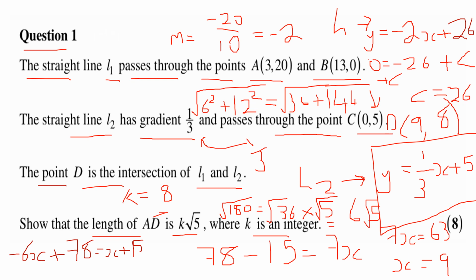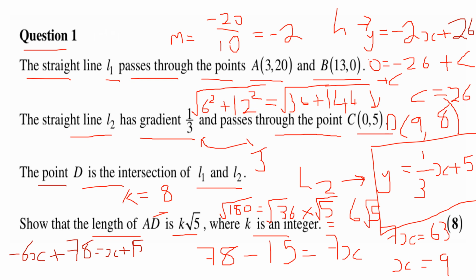Knowing parallel lines, and intersection. So intersection is when you equate both equations together, because that's where they cross. Solve the equations from GCSE level maths.